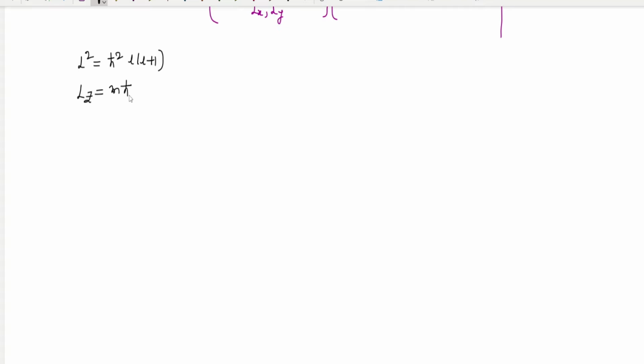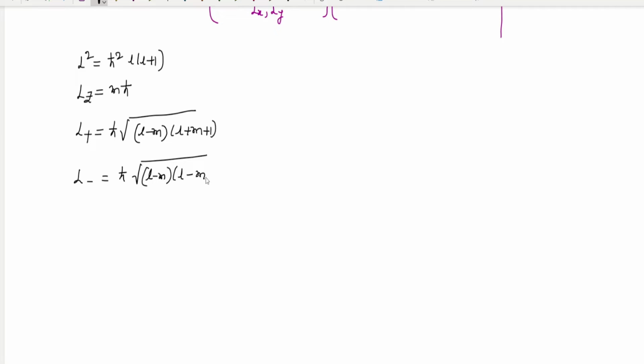Okay, eigenvalue of L plus is h cross root of L minus M into L plus M plus 1. L minus eigenvalue is h cross root of L plus M into L minus M plus 1. Okay.